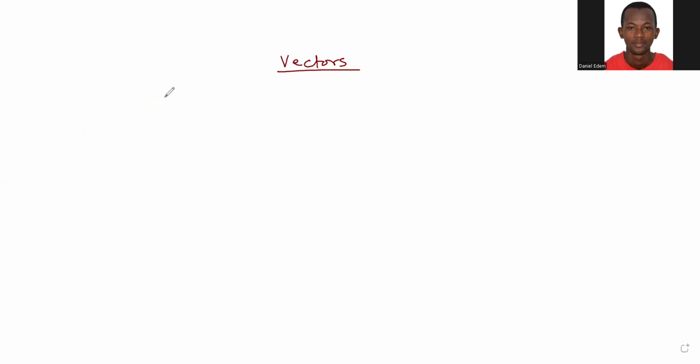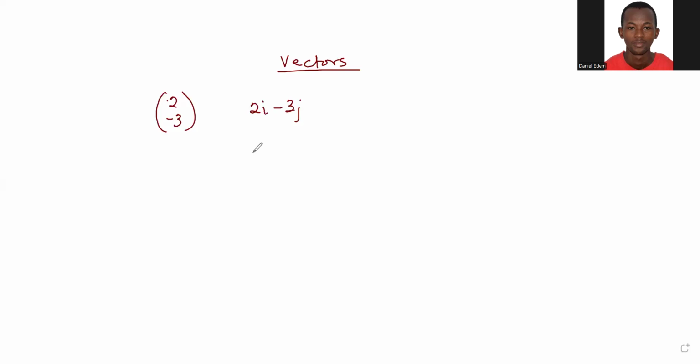So if I write, for example, 2, -3, this in standard basis form is the same as 2i minus 3j. This i means it's moving in the x direction, and the j means it's moving in the y direction.